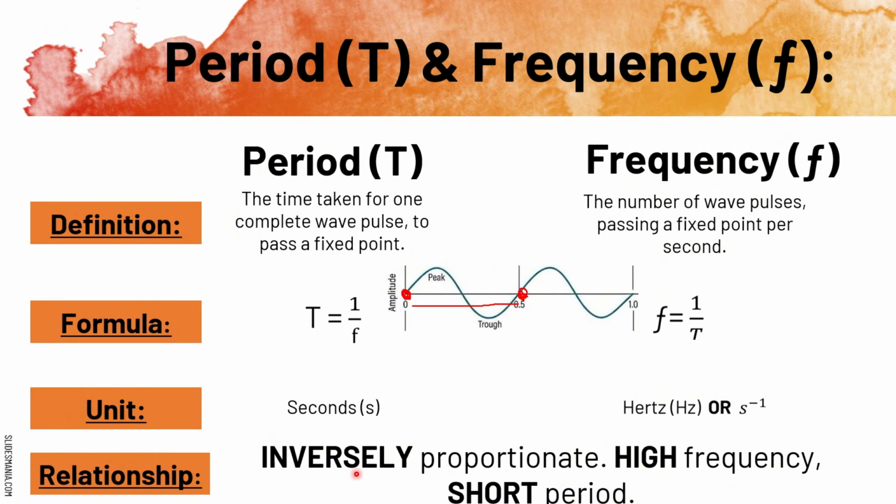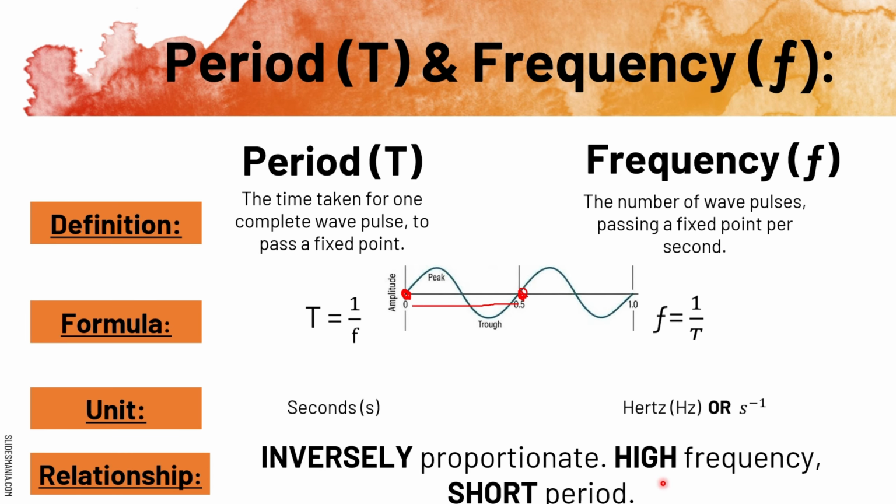Now what does this mean in simple terms? Inversely means if the one is going to increase, the other one is going to decrease. So when the frequency is going to be higher, which means more wave pulses are going to pass a specific point in 1 second, then the period is going to become shorter, which means the time is going to become less.